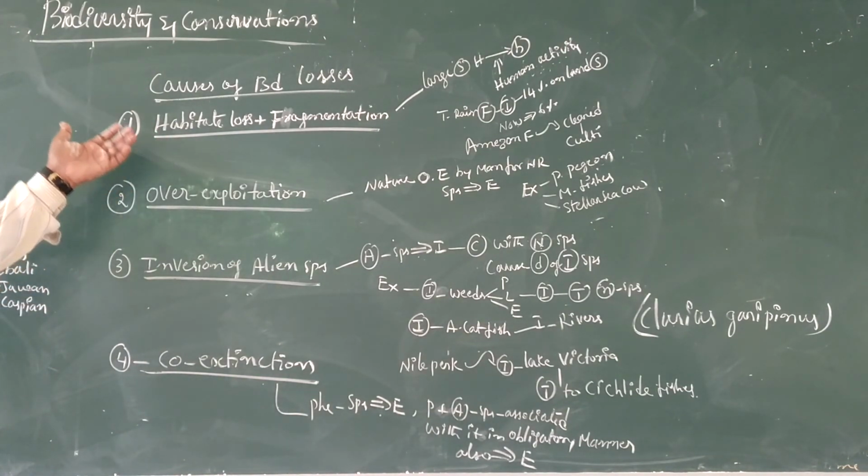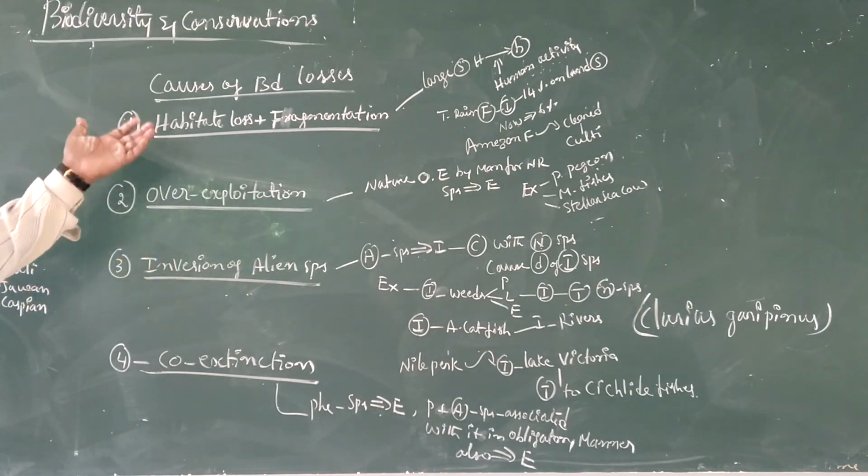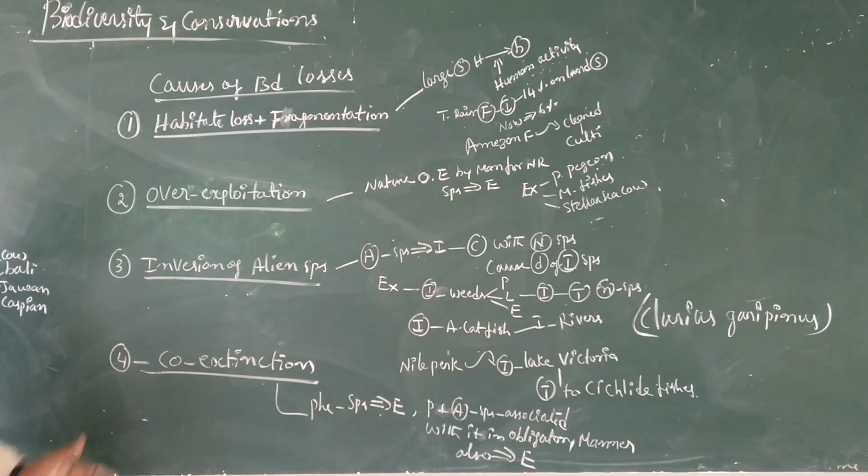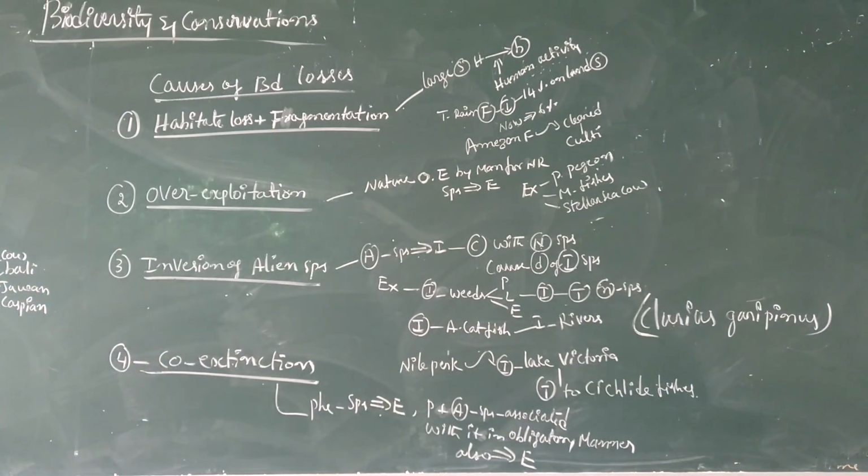The causes of biodiversity losses include habitat loss and fragmentation, over-exploitation, invasion of alien species, and co-extinction.